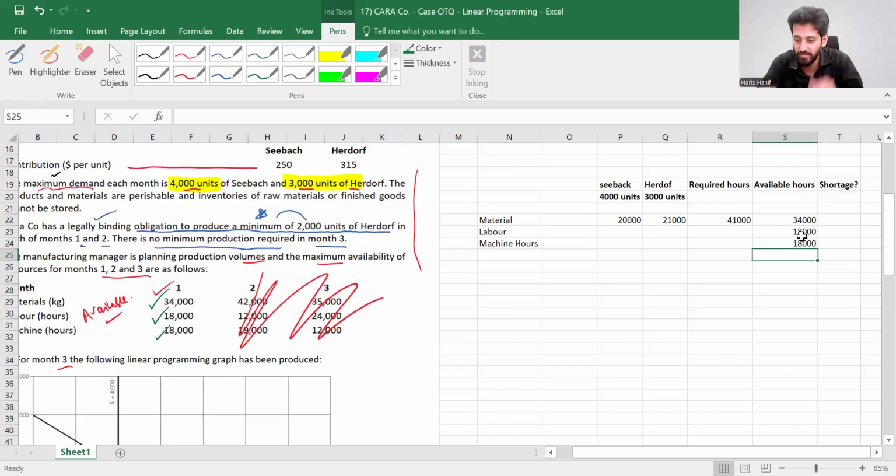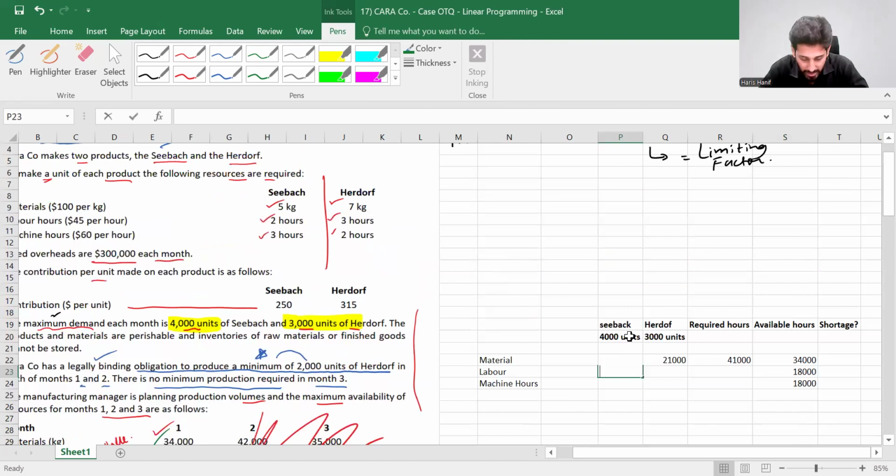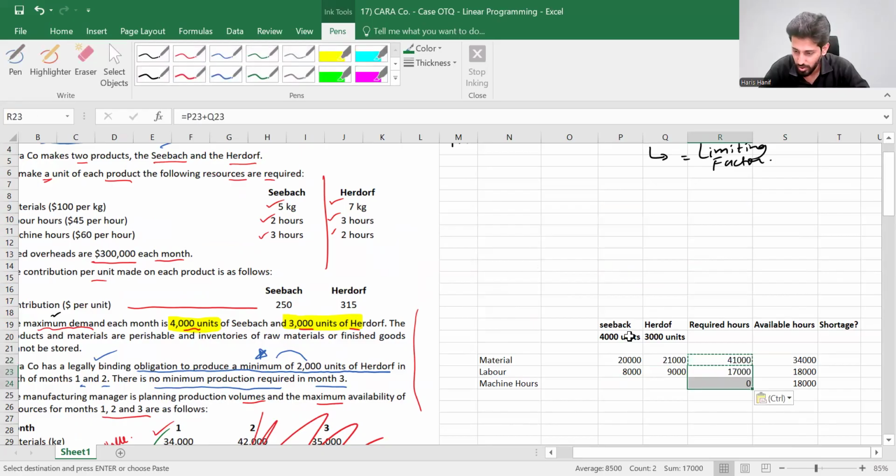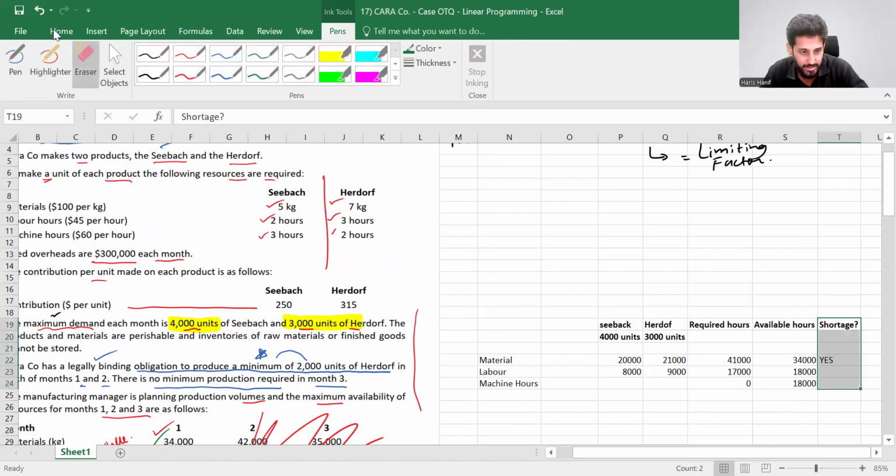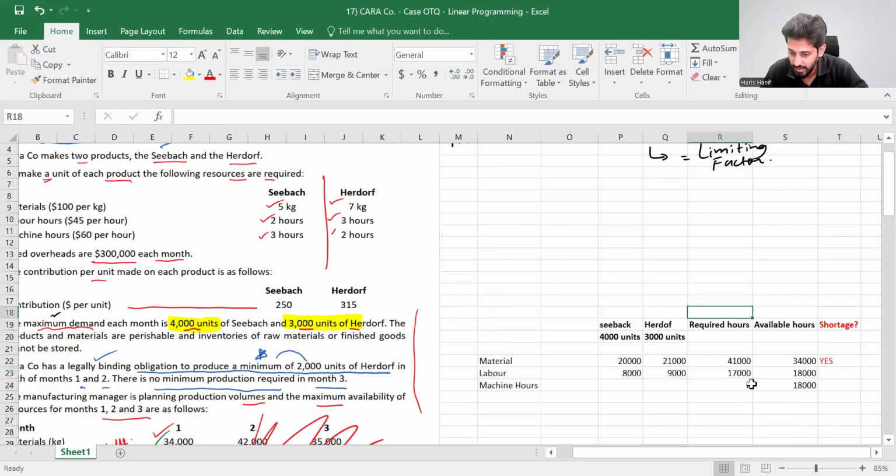Labor hours are 2 and 3, so 2 multiplied by 4,000 plus 3 multiplied by 3,000 gives 17,000. Is there a shortage? No, because we require 17,000 and have 18,000 hours. So there is no shortage.